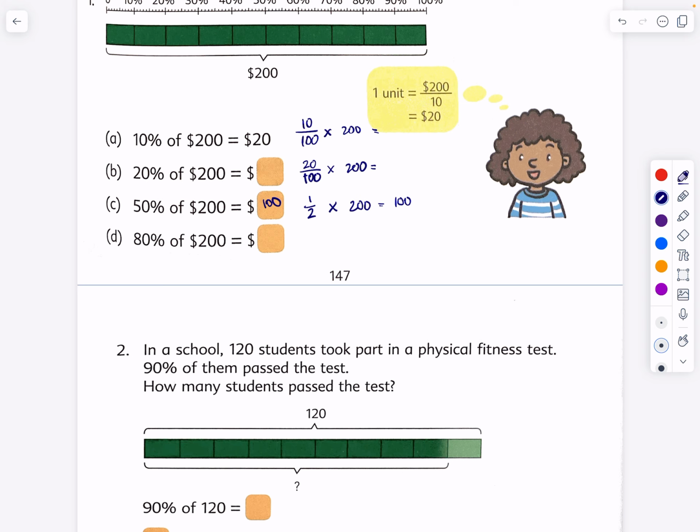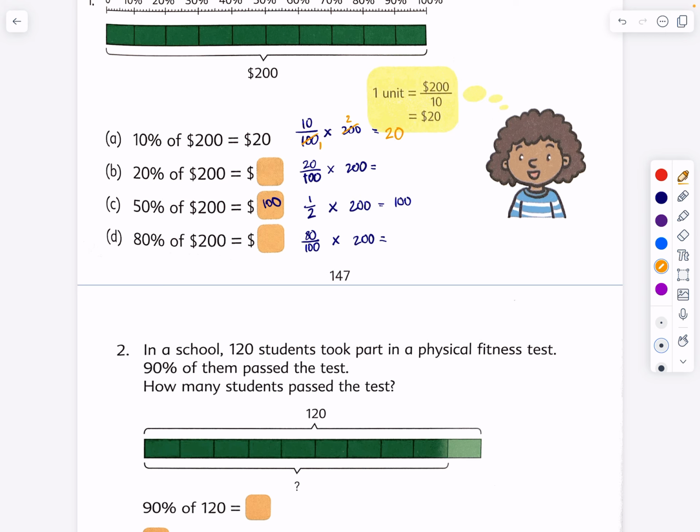80% of 200. Well, we can think that 80 out of 100 equal parts of 200 is, so let's start from the top. 10 hundredths of 200. Let's go ahead. Step 1, divide, reduce before you multiply. 200 and 100 reduces to 2 and 1, and therefore we get 20, right?